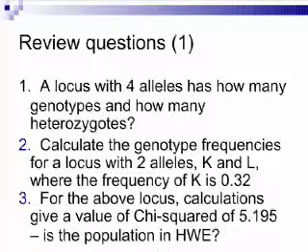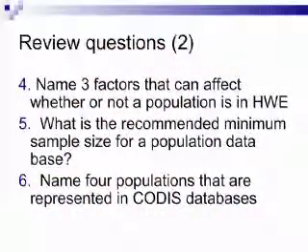Number 3, for the above locus, calculations give a chi-squared value of 5.195. Is the population in Hardy-Weinberg equilibrium? Number 4, name 3 factors that can affect whether or not a population is within Hardy-Weinberg equilibrium. Number 5, what is the minimum size for a population database? And last, number 6, name 4 populations that are represented in CODIS.